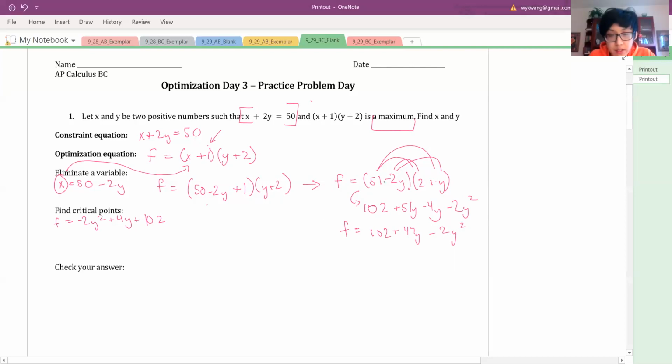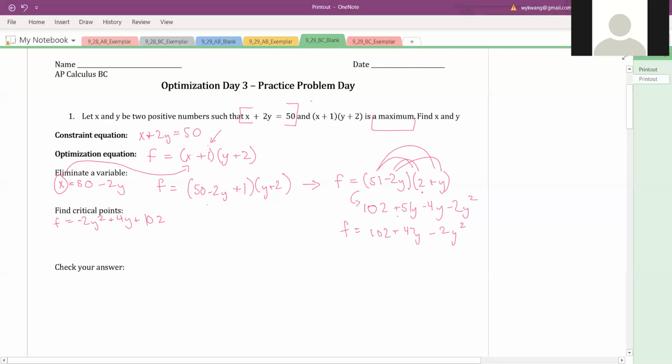So 47 is 51y minus 4y. And then we got 51y by multiplying each of these steps out. So 51 times y is 51y. And then we also have negative 2y times 2, which is negative 4y. Okay. And you did a subtraction? Yeah, so 51y, then you would subtract 4y to get 47y.